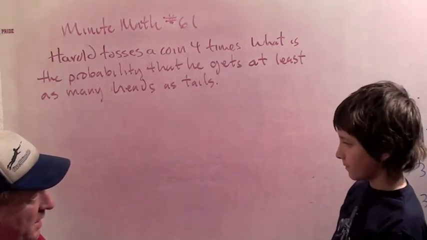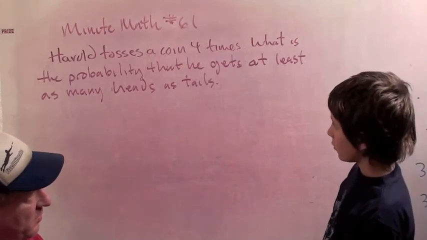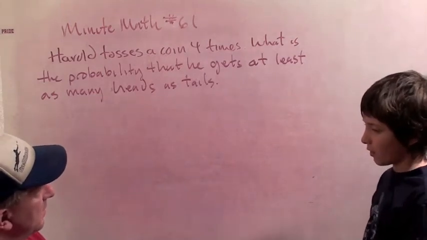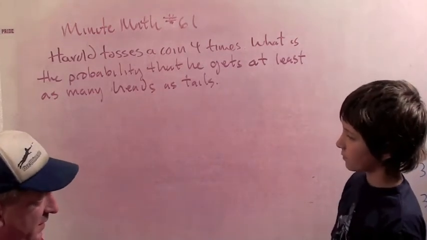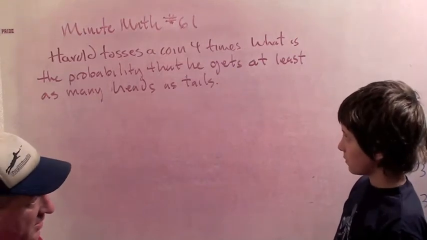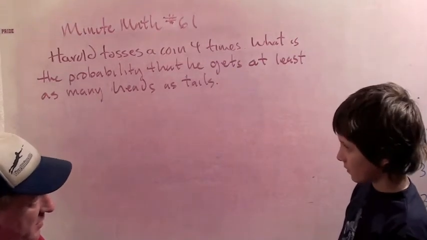So how do you want to think about this problem? We could write down the outcomes. How many outcomes are there if you flip a coin 4 times?